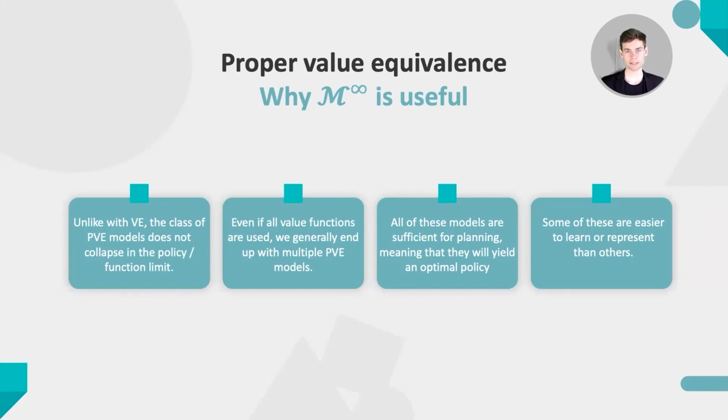And what this means is that some of these models might be simpler than others to represent. And so if you have a set of models that are permissible, the smart thing to do would be to take the simple one. So if you think about what we've been able to achieve now, we've been able to take a model that is very complex, get a set of applicable models that are less complex, and then choose the one that's most beneficial for the aims that we have. And that's really the strength here.